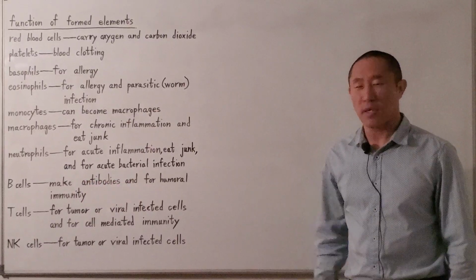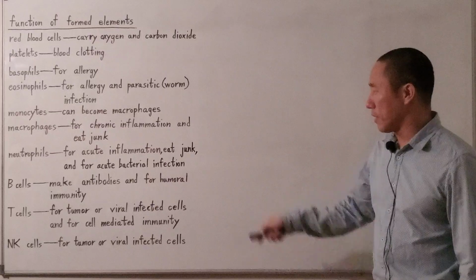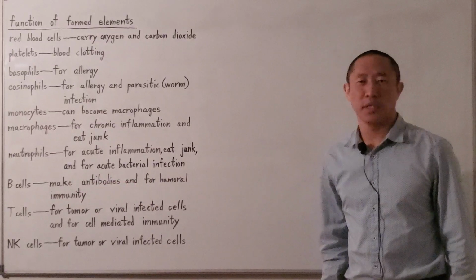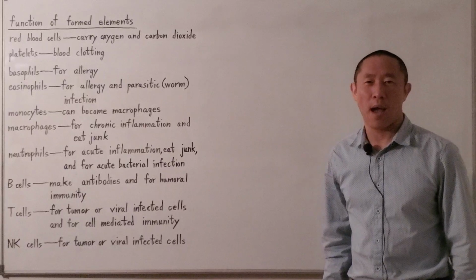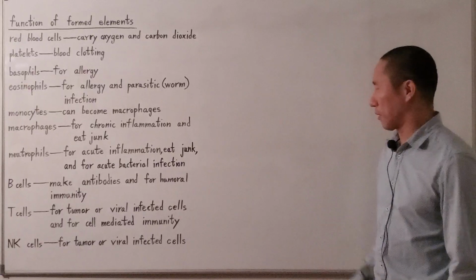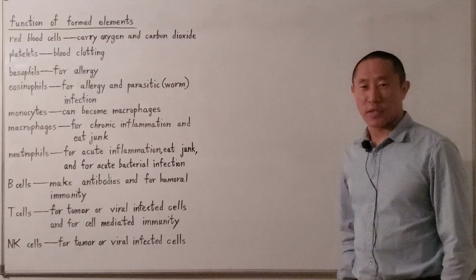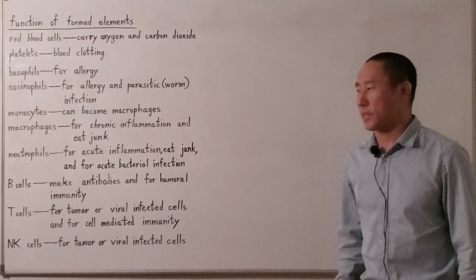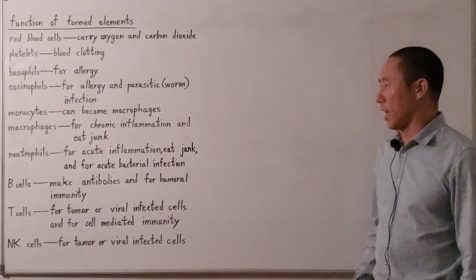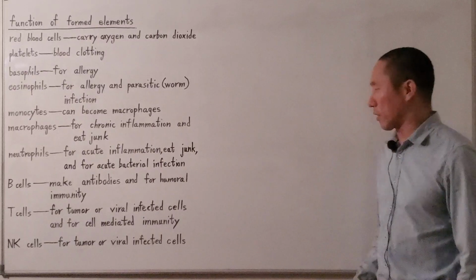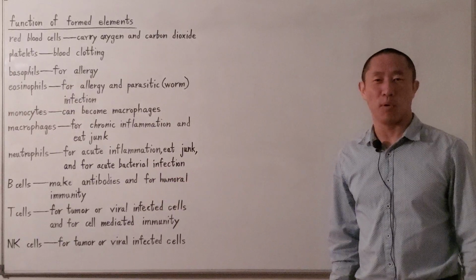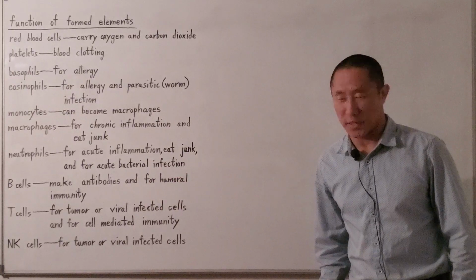B for B cell, B for body. B cells make antibodies. Isn't that the way we just said it? It's kind of funny, and the word humorous sounds like humoral. So you can remember that B cells are important for humoral immunity.